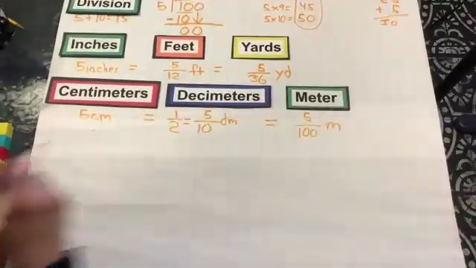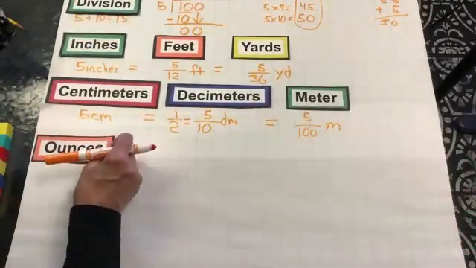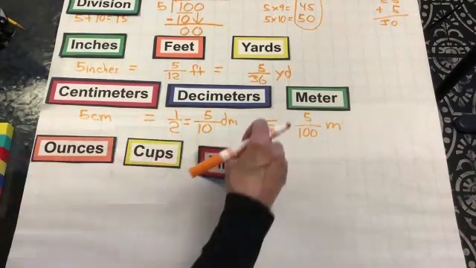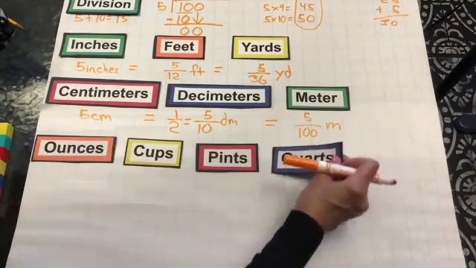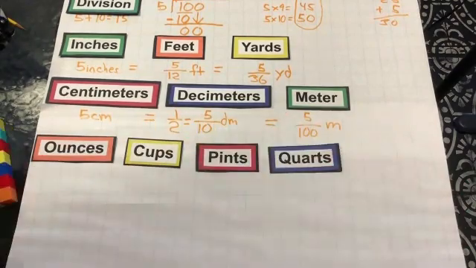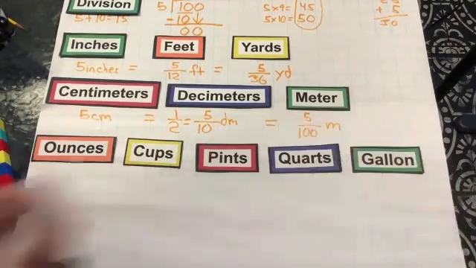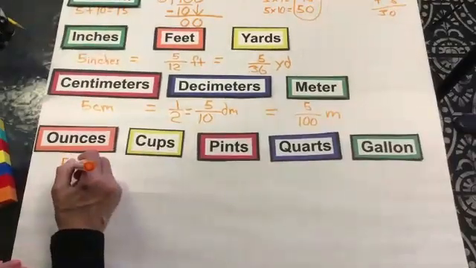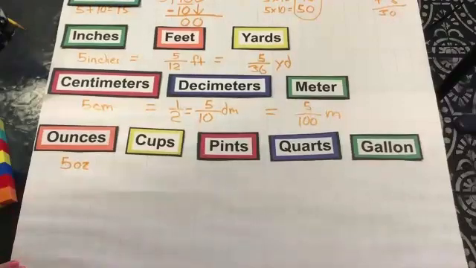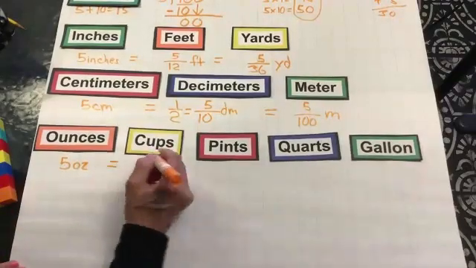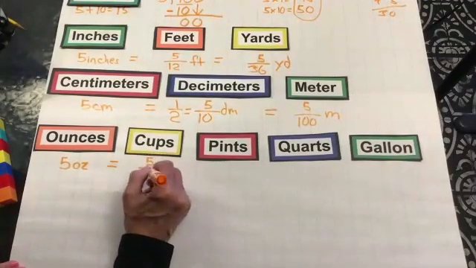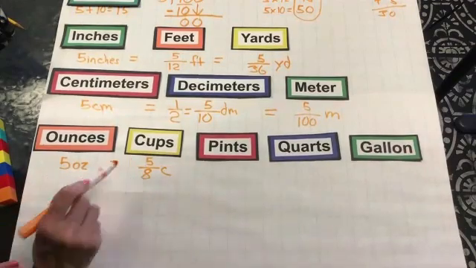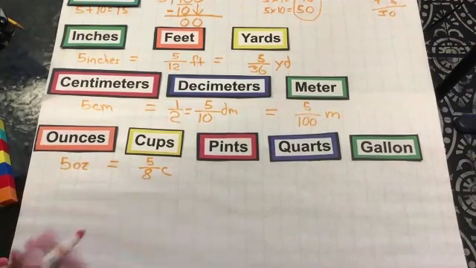All right, let's go on to our next type of measurement, which is ounces, cups, pints, quarts, and gallons. So today we have 5 ounces, abbreviated oz, and that equals 5/8 of a cup. It takes 8 ounces to make a cup, and we have only 5/8, so we don't have a whole cup yet.